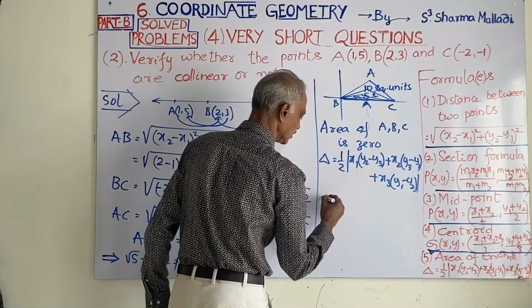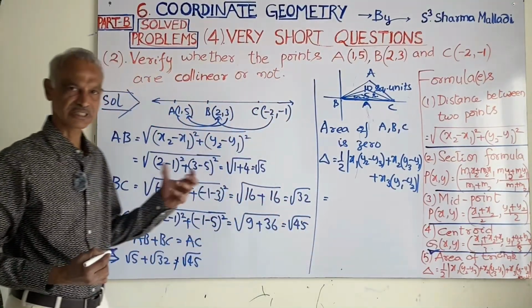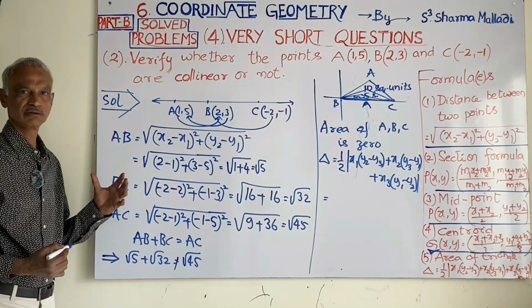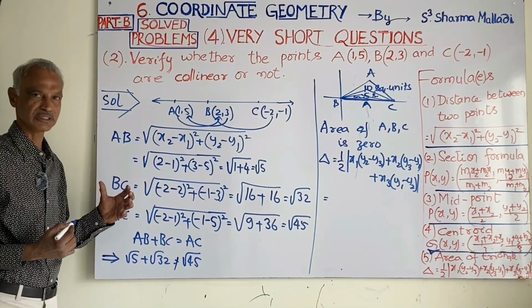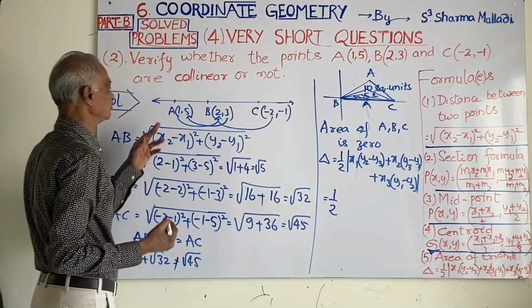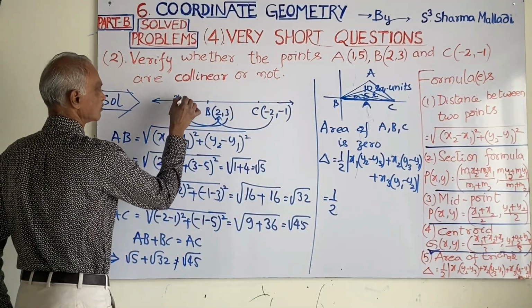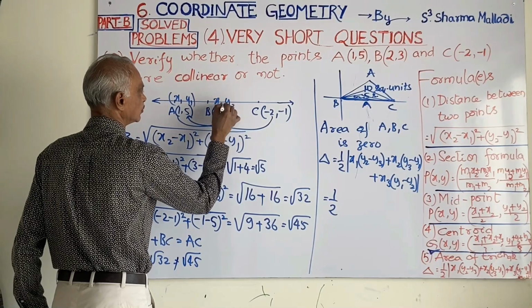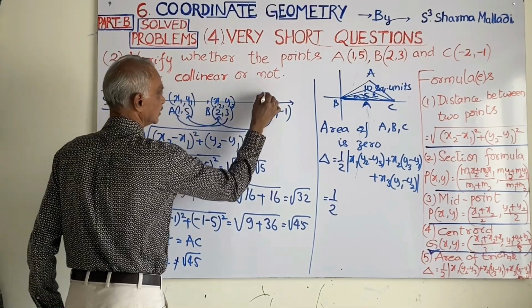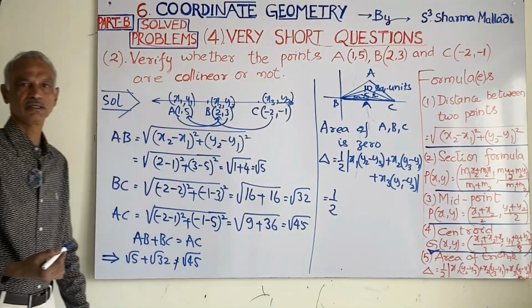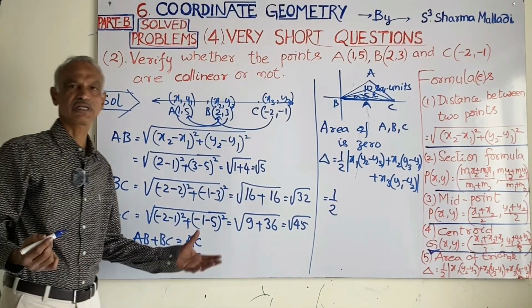We have to show the area of the triangle must be 0, then these points are collinear points. We can check whether we get 0 or not. Take this as x1, y1, x2, y2, and this as x3, y3. We should get the area of the triangle as 0.